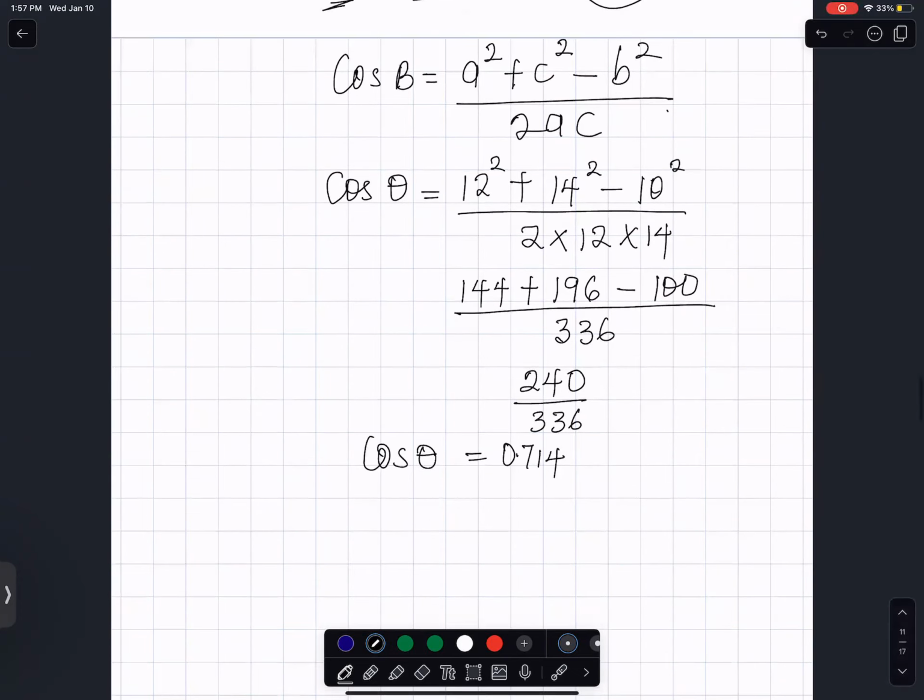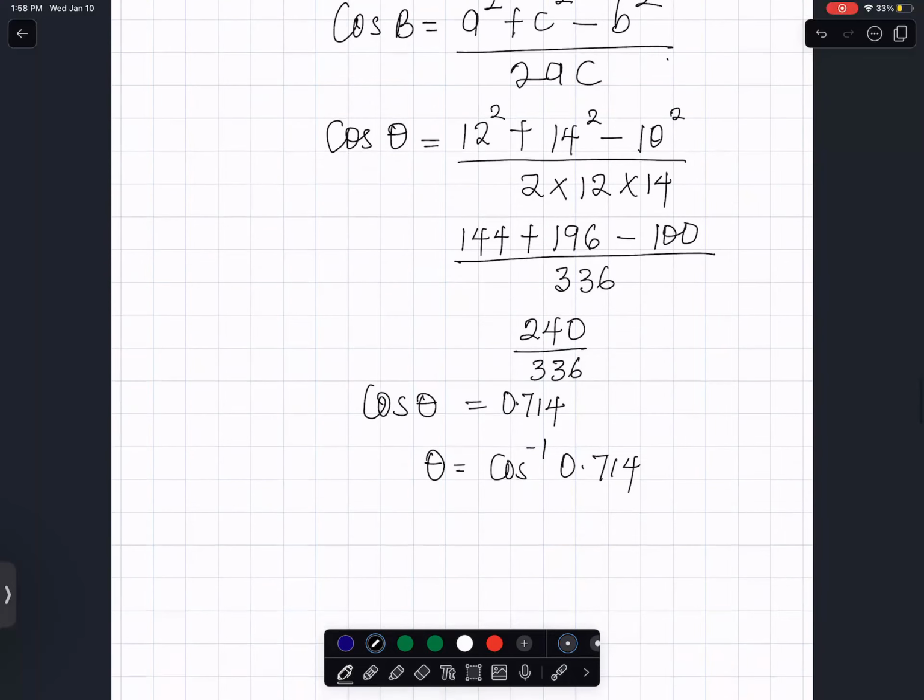So I'm looking for theta, so theta becomes cos inverse of 0.714. Like I said earlier, press on your calculator your shift function and cos 0.714, which gives us 44.43. So our theta for this angle is 44.44 approximately. Any of these will do.